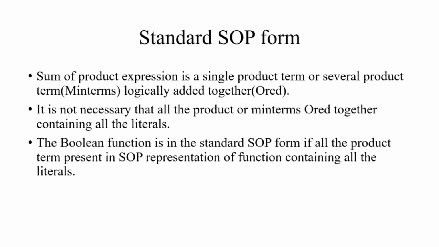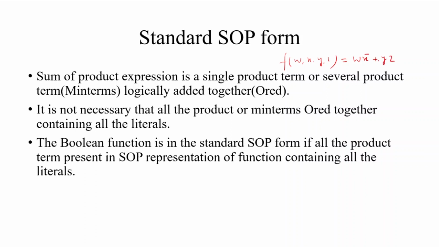When we write a function in SOP form, like here, a function f of w, x, y, z, that means a function containing 4 variables, written as w x complement plus y z.